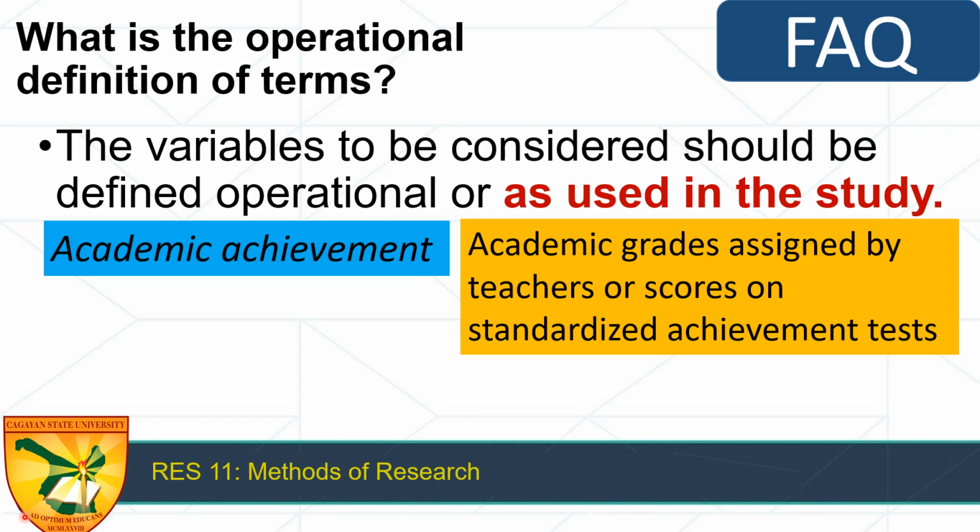So academic grades assigned by teachers or scores on standardized achievement tests are operational definitions of achievement because this is very broad and you need to specify it in your study. How is academic achievement measured, or what is academic achievement?